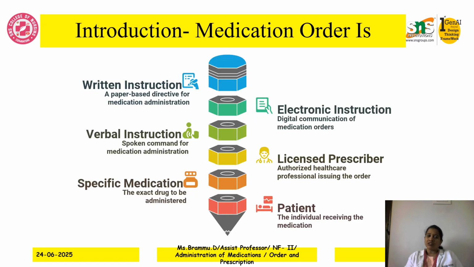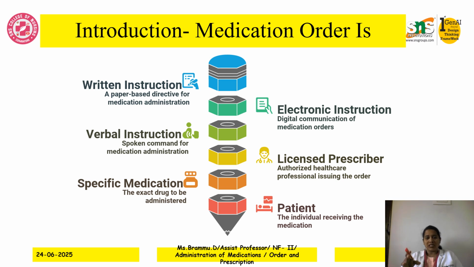Coming to the introduction, a medication order is a written instruction, or it can be electronic, or even a verbal, oral command, always given by a licensed prescriber, whom we call the consultant, the physician, or the surgeon. The specific medication is ordered to improve the patient's outcome and status of well-being.